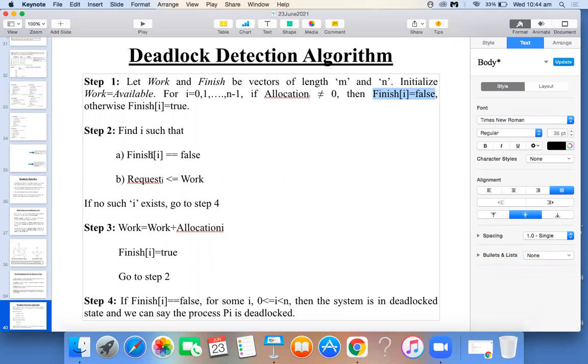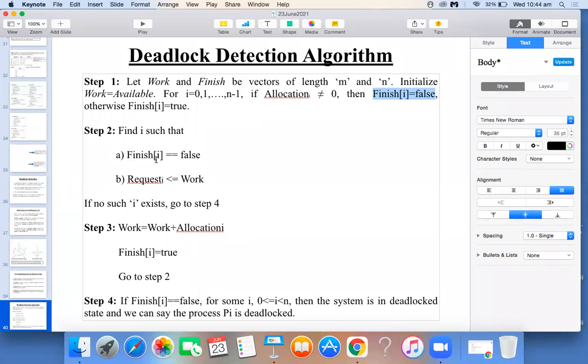Second step: if allocation of any process is not equal to 0, then you go to the second step, that is, find all the processes which are not executed. Not executed means we check finish of i equal to false for all the processes.